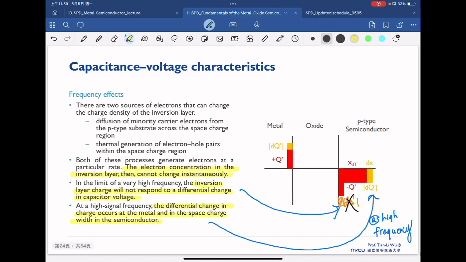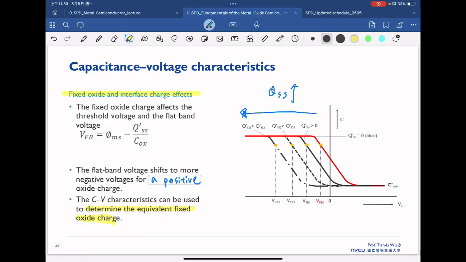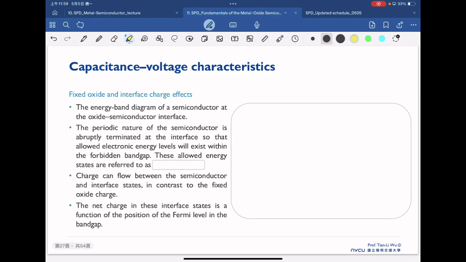Also, we can use the CV as I mentioned to estimate the fixed oxide charge. And also the next one, we will be interested to look at how this interface charge effect will influence our CV characteristic.